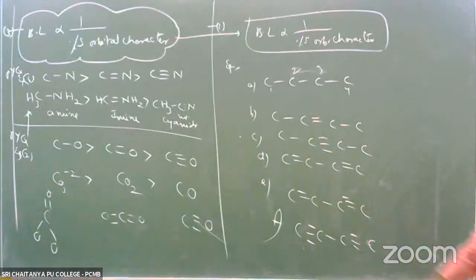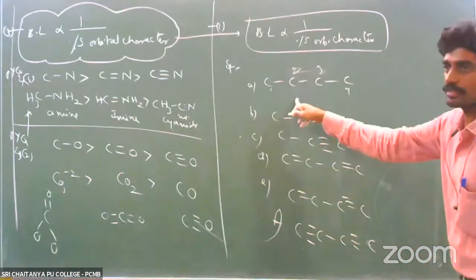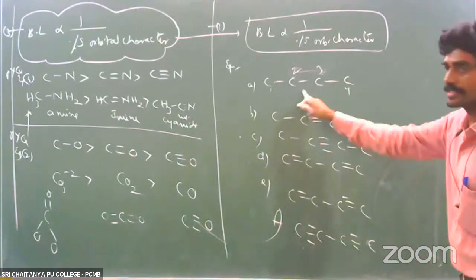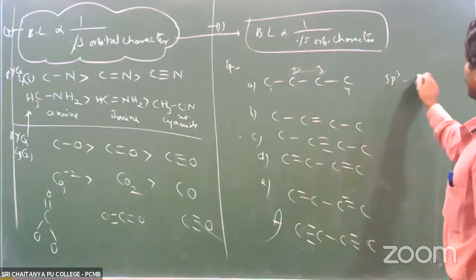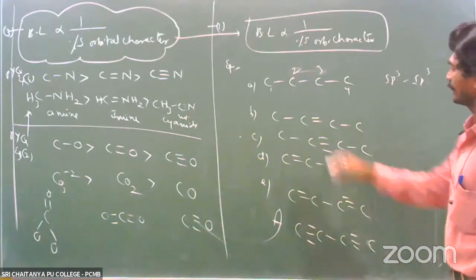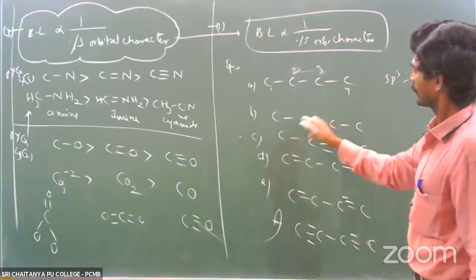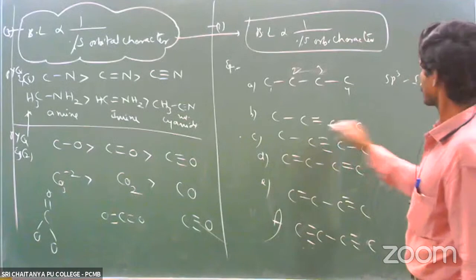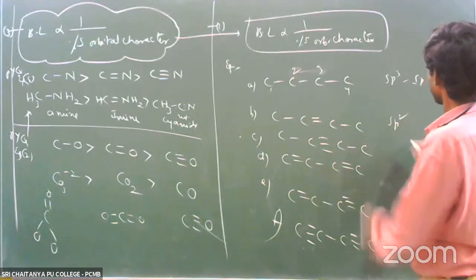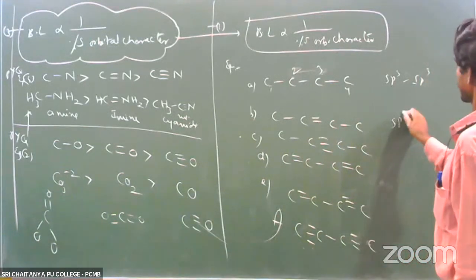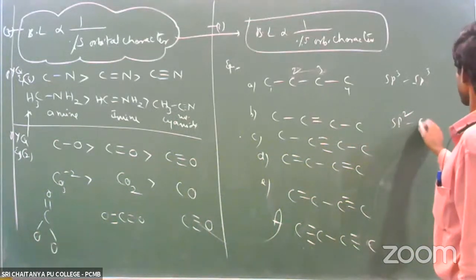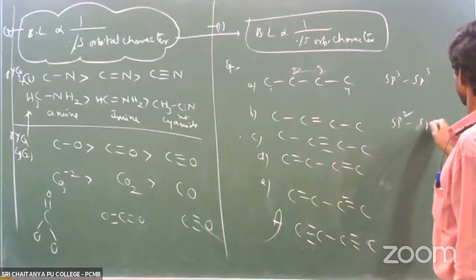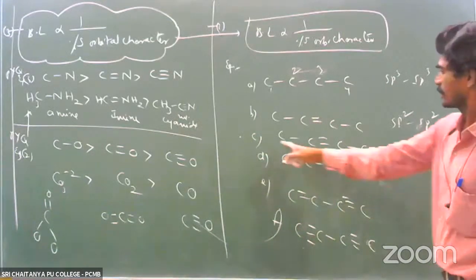The second carbon has only single bonds, which means sp3. The third carbon is also sp3. But in the next one, the second carbon has one pi bond present, which means sp2. This carbon also has one pi bond, so sp2. Then here this is sp3.